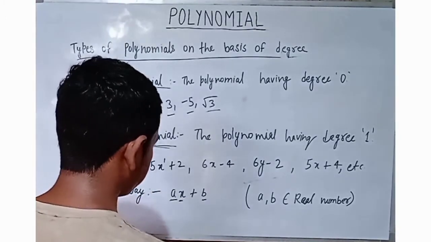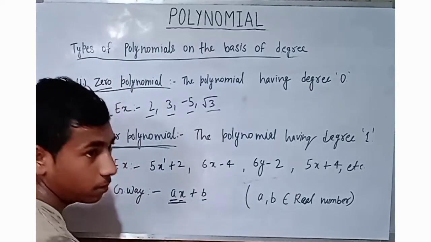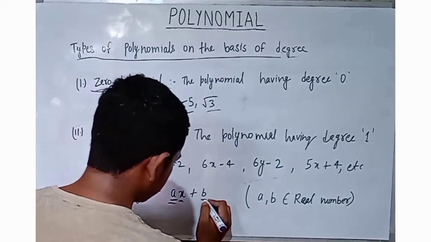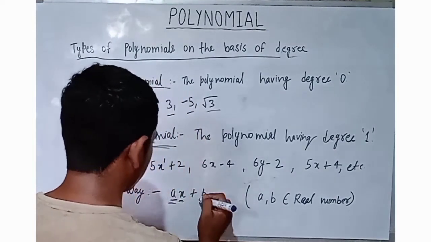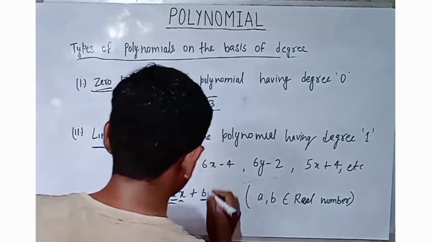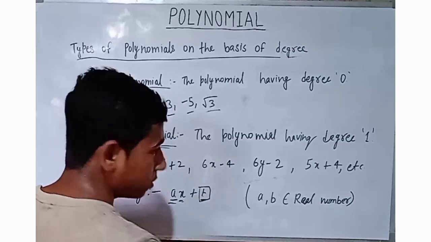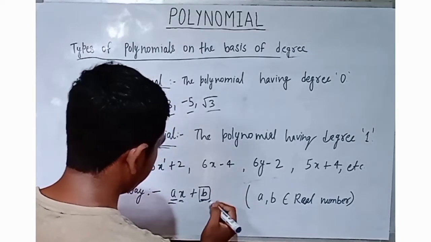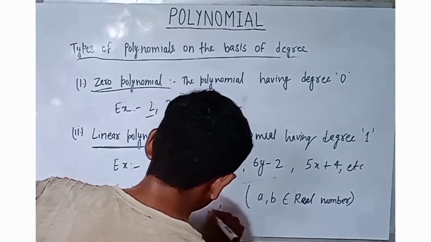Guess how I am telling this. If a is 0, then this whole term ax will also be 0, and then only one term will be left, which is a constant belonging to the real numbers, and the degree will not be 1.